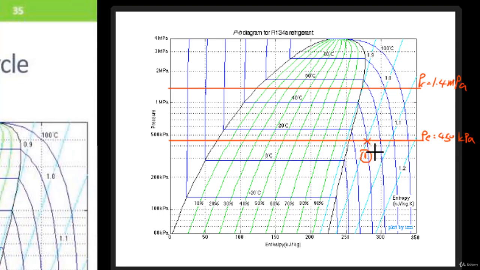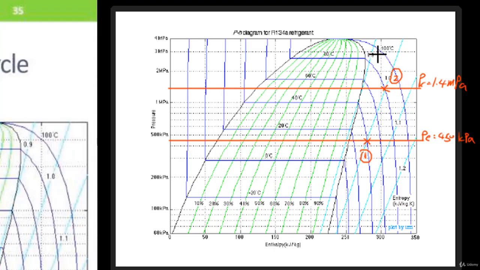Using the same idea, try to find point 2. Point 2 is 80 degrees Celsius because the compressor outlet temperature is 80 degrees Celsius, and it will hit the top line. So 80 degrees Celsius hitting the top line is somewhere around here. This is your point number 2.